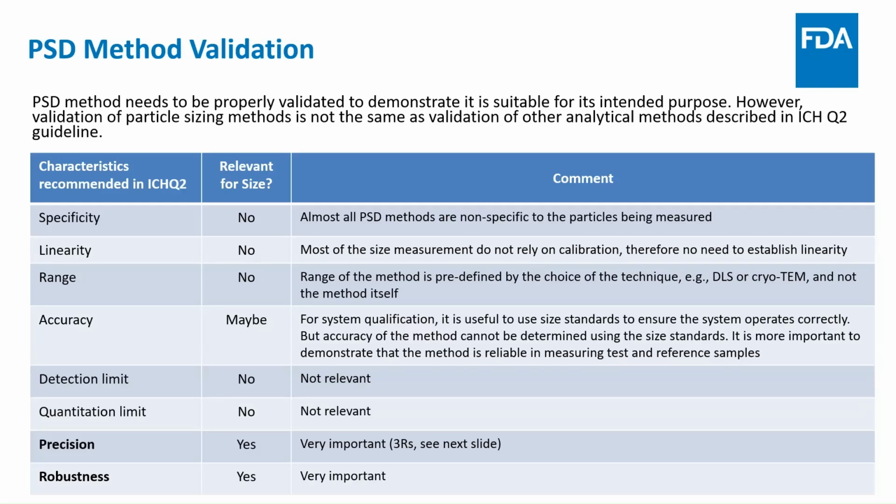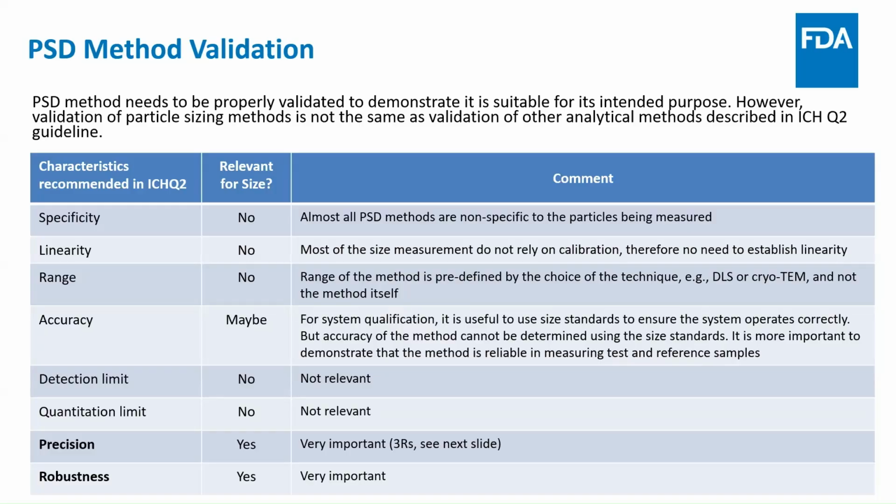Think about that. If you measure 100 nanometer polystyrene by, let's talk about laser diffraction, you will put in the optical property of the material, you will put in all the settings in the software, and then you choose the algorithm. What it generates is the size value.